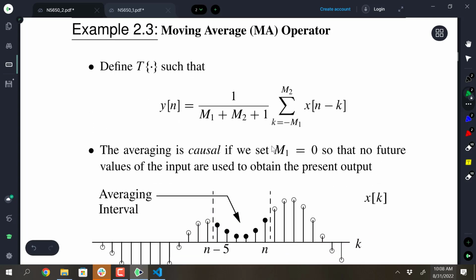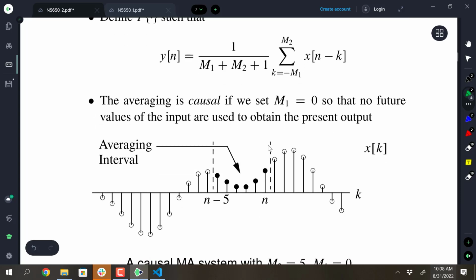To make it causal, though, we have to set M1 equal to 0, so we can never take negative values of the input or future values of the input. But here's a depiction of what the causal moving average is doing. It's taking the present value, the dark stem, and then it's going back in time to take 5 samples into the past.